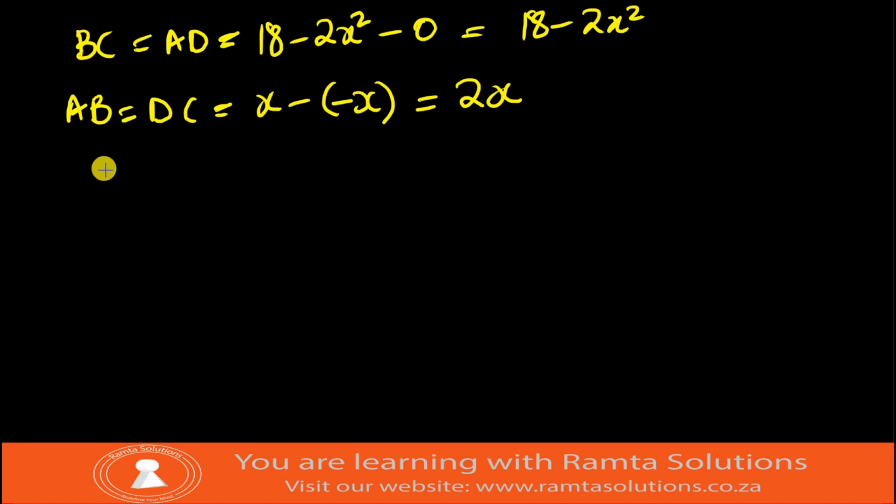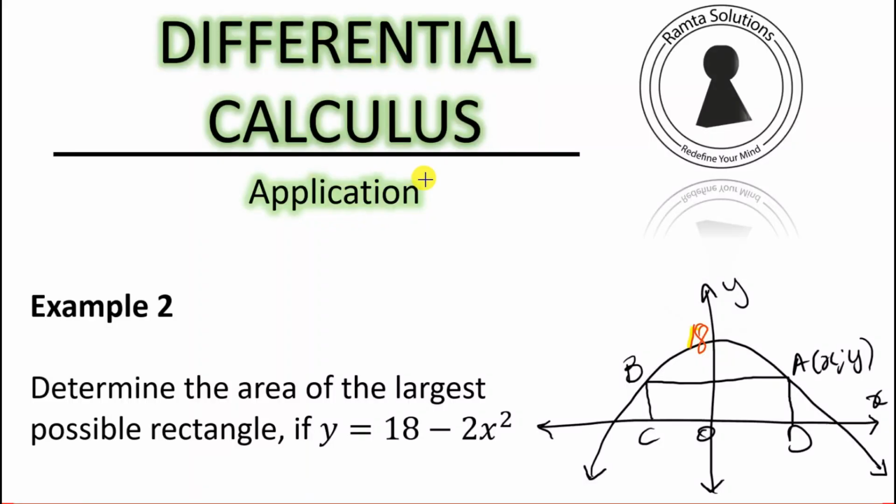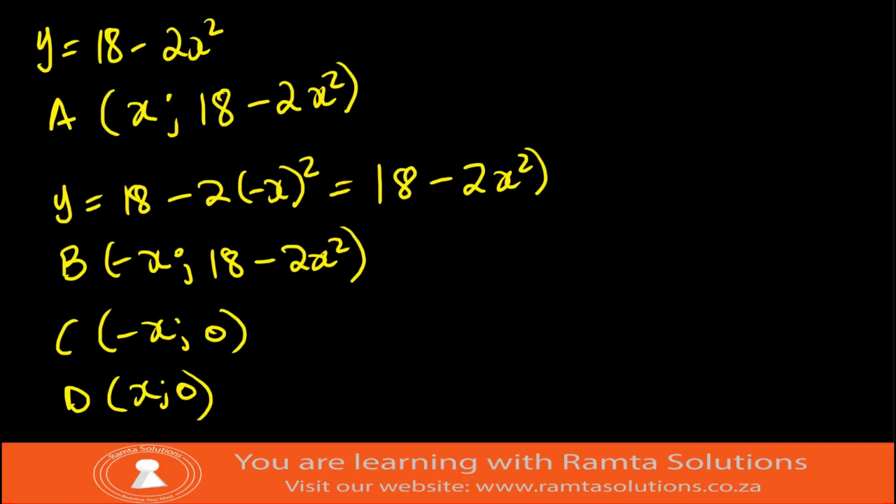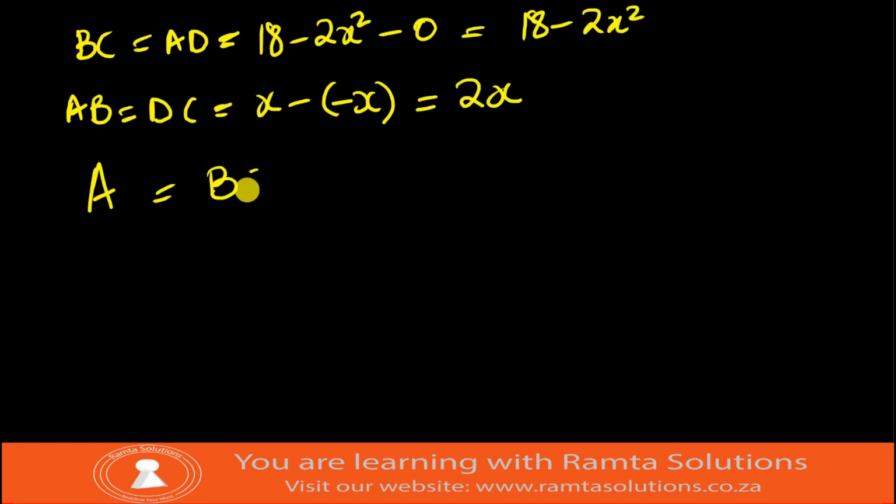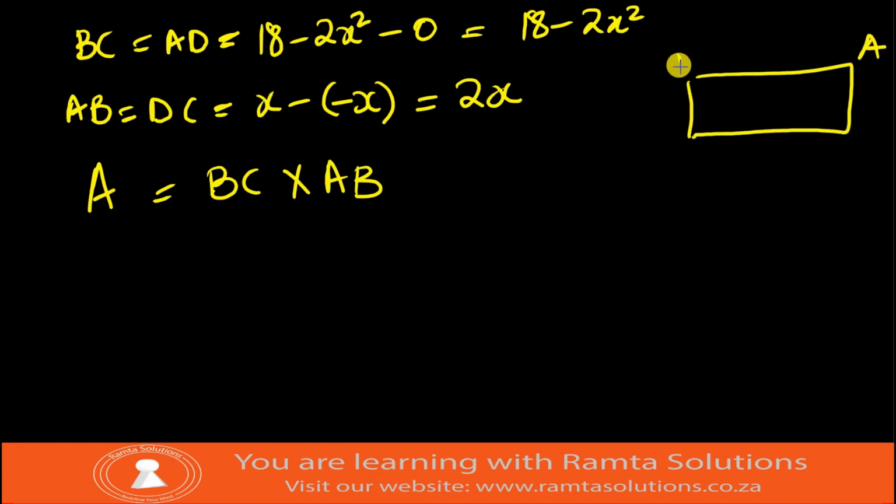Therefore, area of the rectangle, as we know, area is basically length times breadth, so it's BC times AB. In fact, let me just draw it here. A, B, C, D. So area of the rectangle is length times breadth.